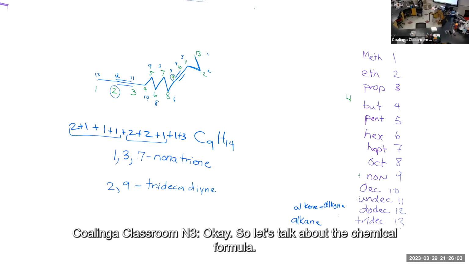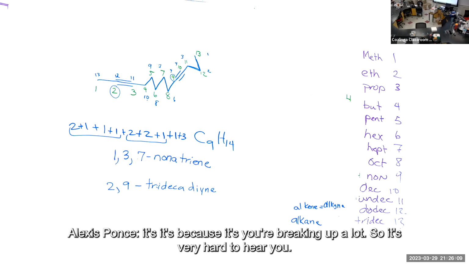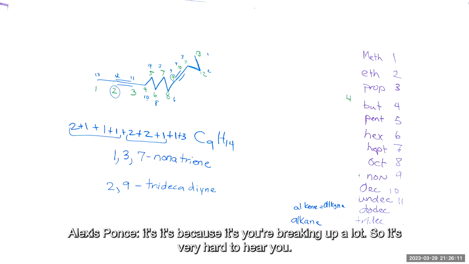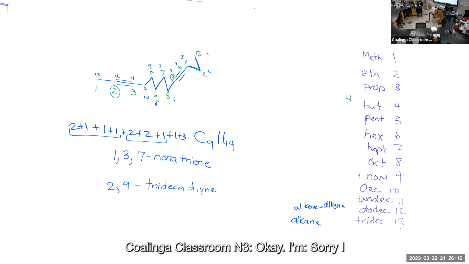Okay, so let's talk about the chemical formula again. It's because you're breaking up a lot, so it's very hard to hear you. I'm sorry, I don't know what to tell you. I have to record the fireball so that you guys can take a look at that one, so it'll have a better recording. Just my mic. It has to go with our system.